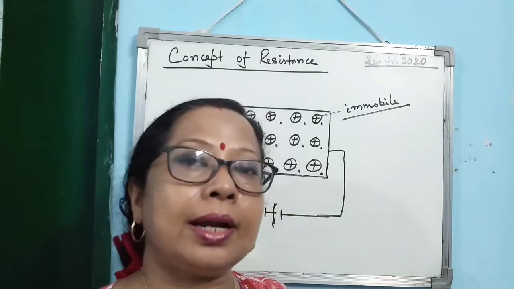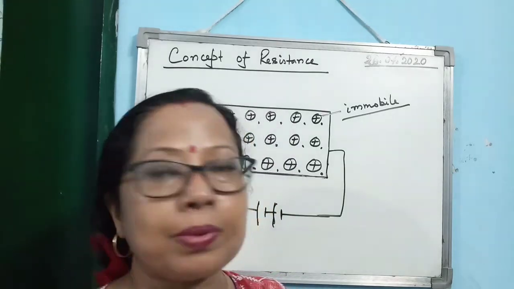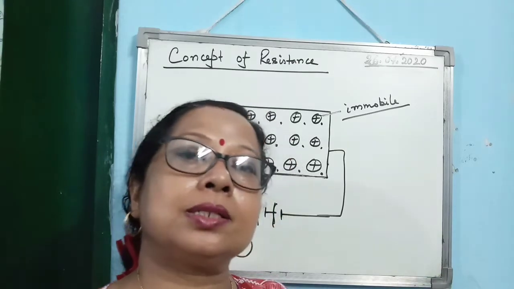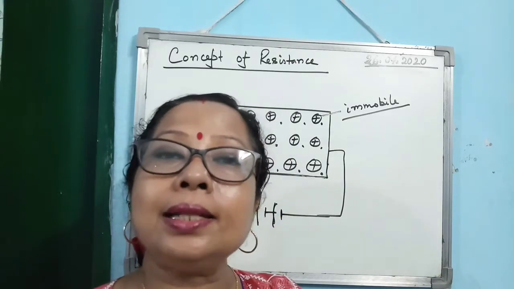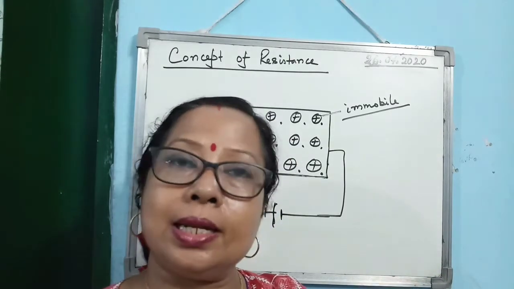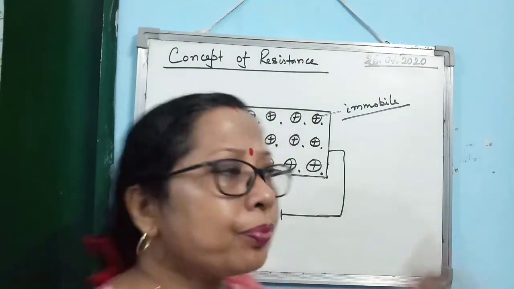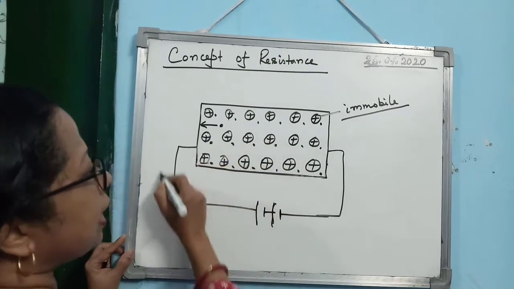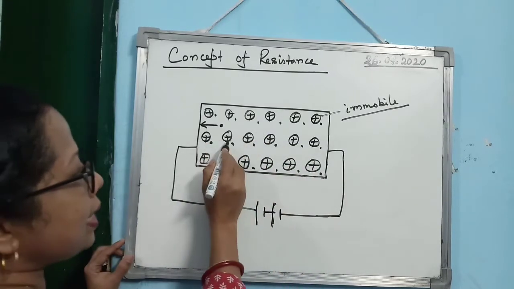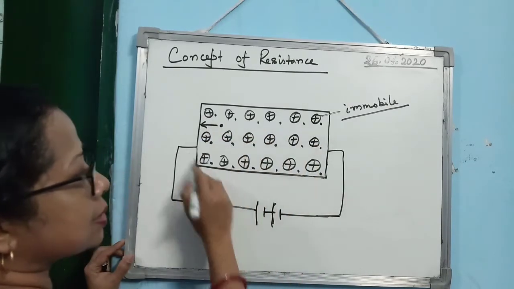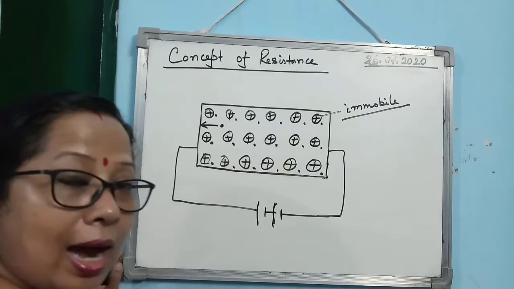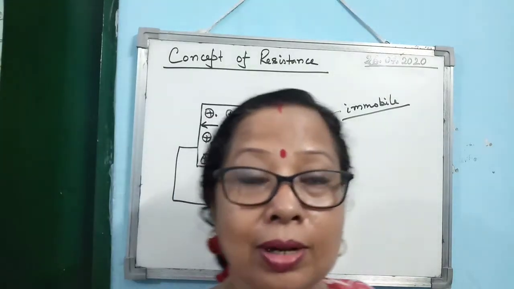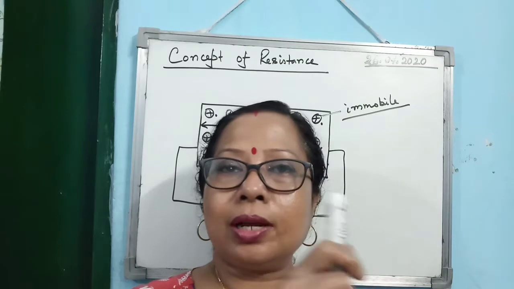But we measure current as the amount of positive charge flowing per second, and charge is related to the electron by the relation Q is equal to Ne, already discussed. Now come to this point. When the electrons are moving like this, these immobile ions are quietly doing their work. They are vibrating about their main position.